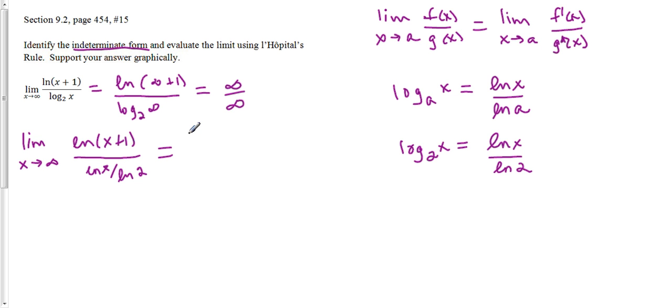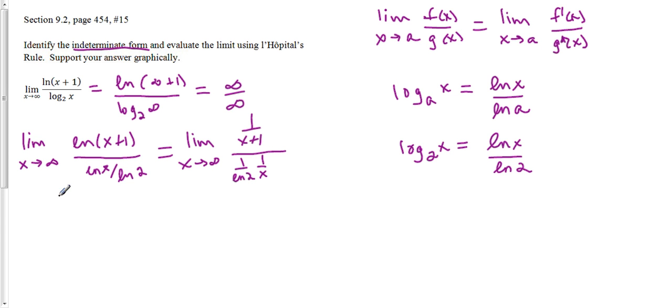Well, with my limit here as x goes to infinity, it's going to be 1 over x plus 1. And when I look at the denominator, I'm just going to keep my 1 over the natural log of 2 hanging out here. And what's the derivative of the natural log of x going to be? 1 over x. So note here that I took the derivative separately of the numerator and the denominator.